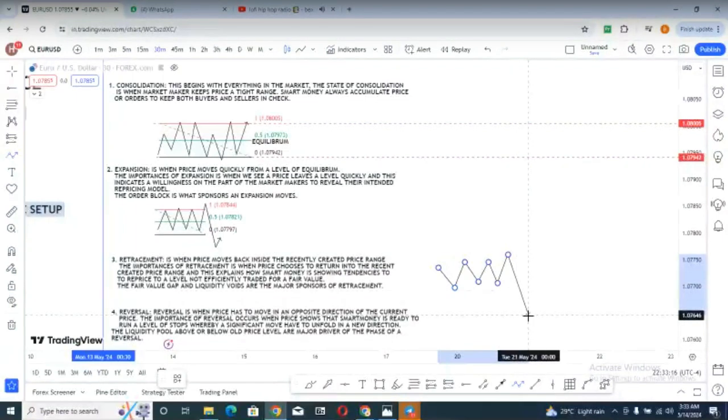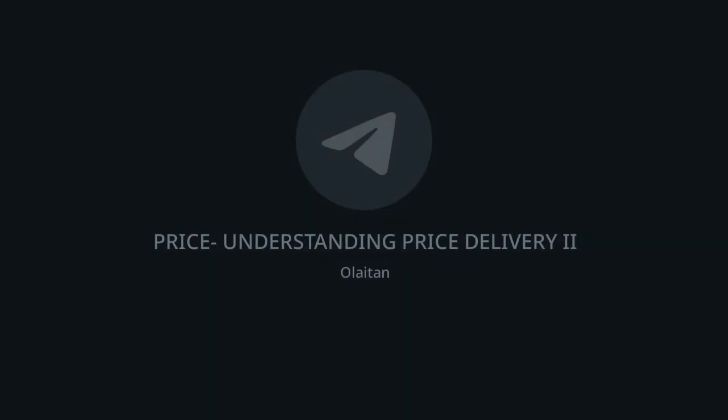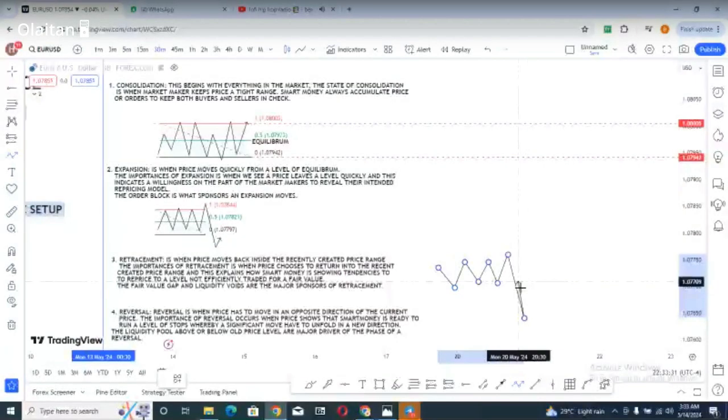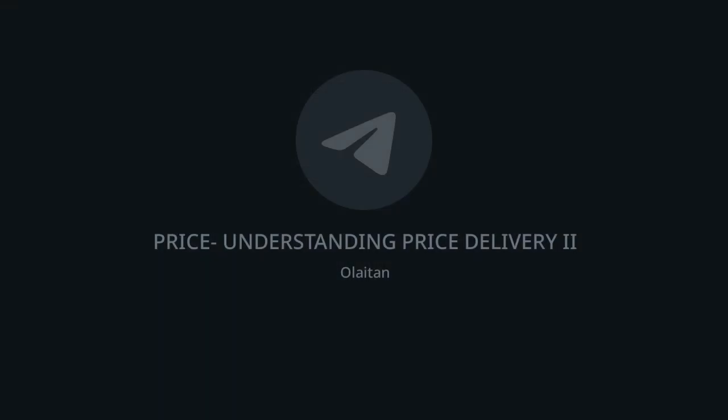That is a fair value gap, a one-sided market whereby you have only the sellers. And what sponsored that phase of the market is a fair value gap. So you see price coming to a fair value gap that will be created inside, maybe at 50% or below or above the 50% of this range, or a liquidity void whereby you will not even see any buyers here.